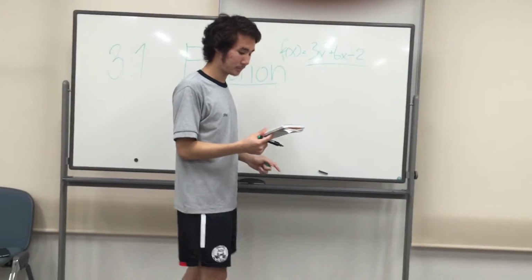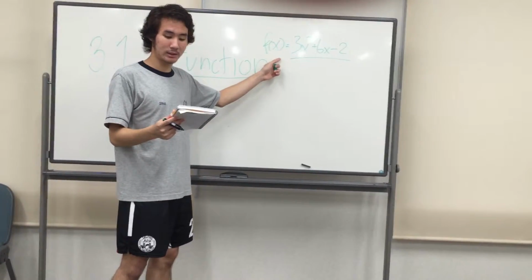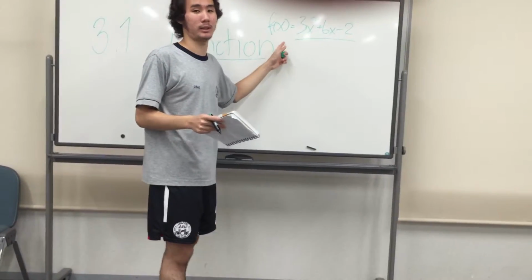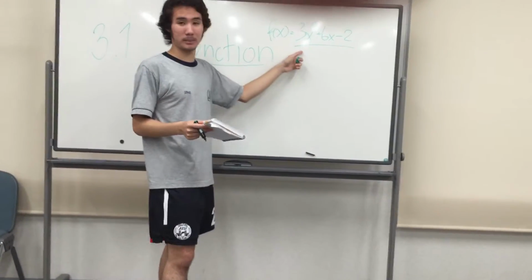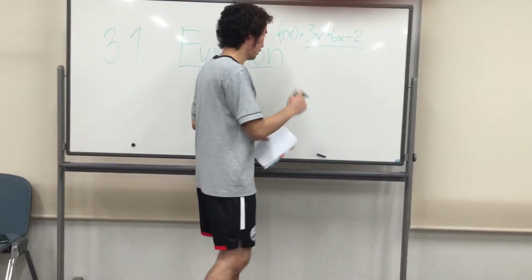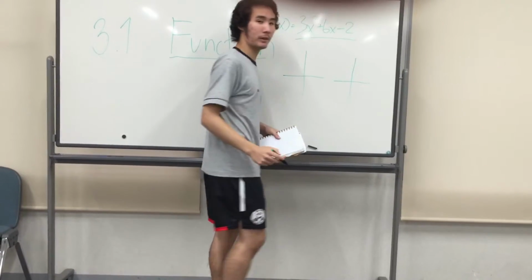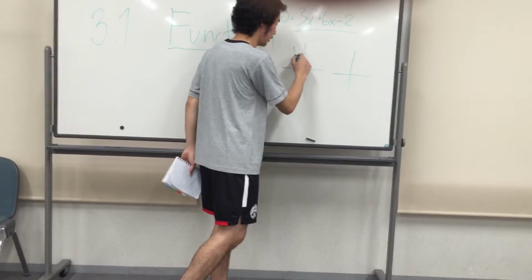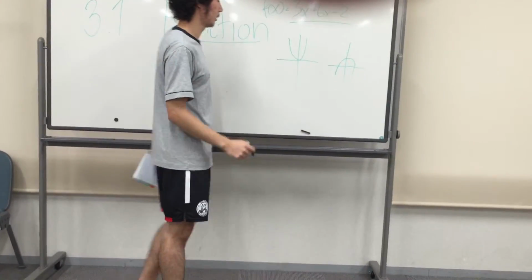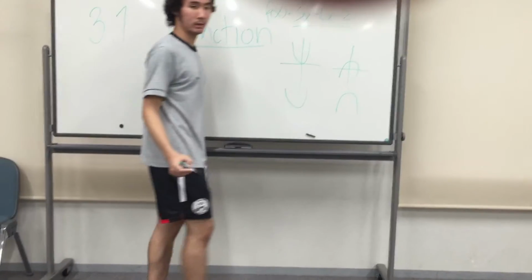As you know, this is a quadratic function, as you may see. So if you have a quadratic function, the graph is either going to be like this, or like this, or like this.